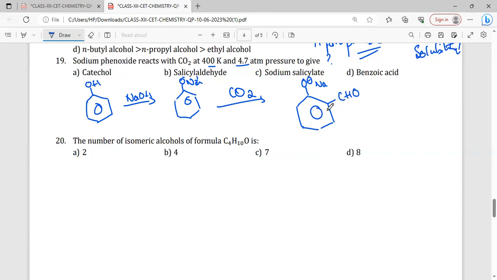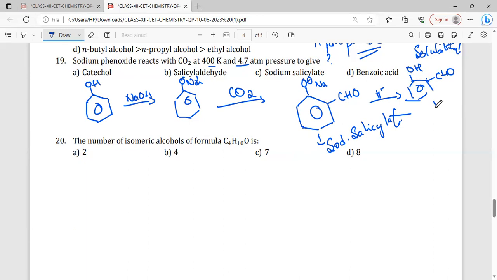You will get a compound with a COONa group. Now, this particular compound that I have got right now is sodium salicylate. Now, if I add acid in the next step, ONa will be replaced by OH, right? Na will be replaced by H, so you'll get the OH group.